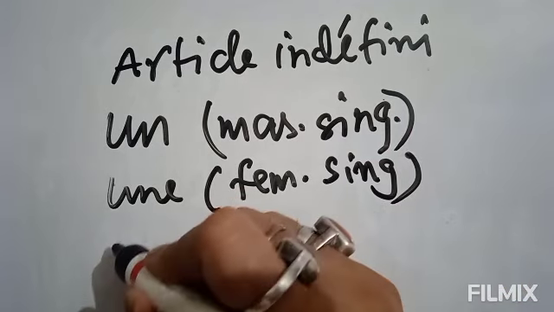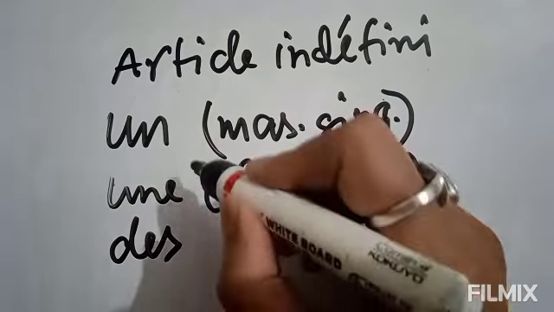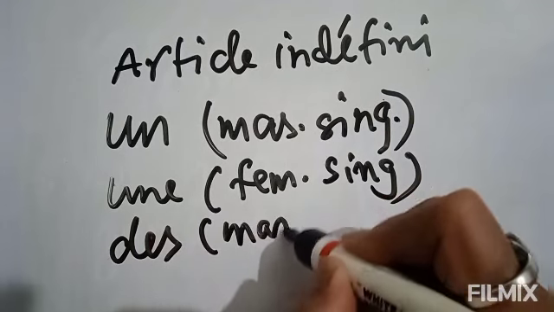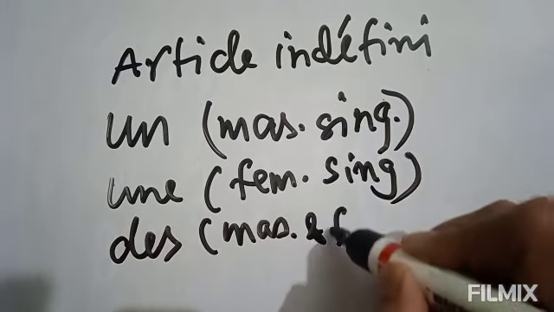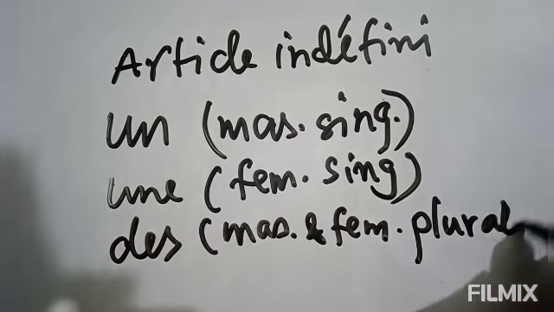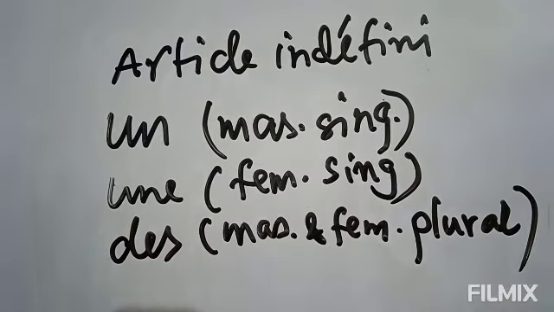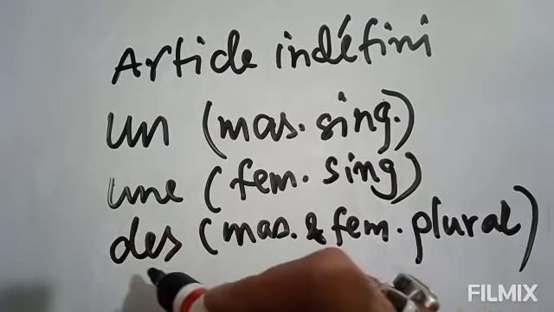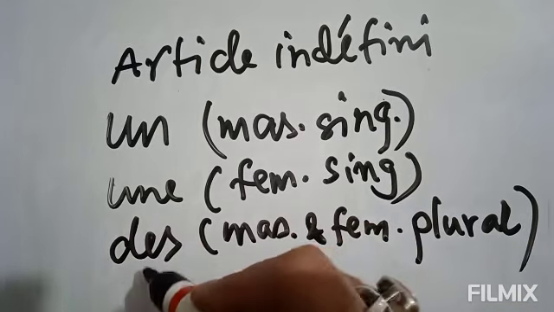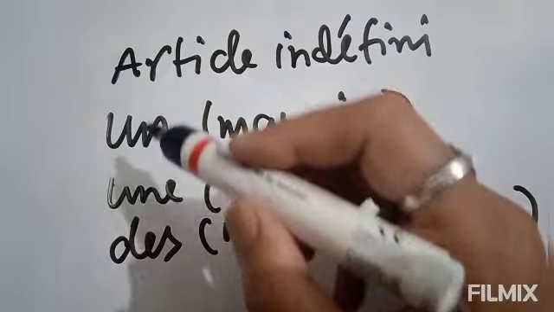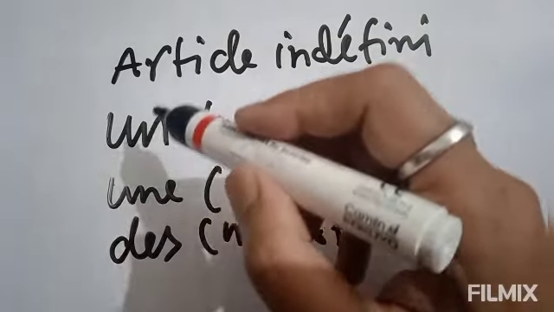And in both cases, masculine and feminine, plural, this is the plural article, des. In the case of plural, masculine and feminine, in both cases you use des. So there are three indefinite articles in French grammar.